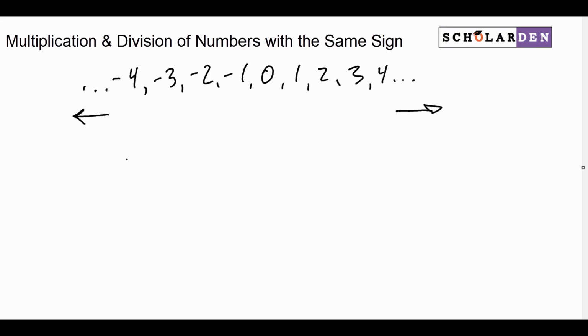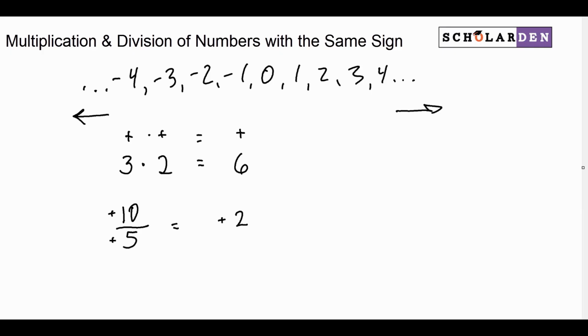So for instance, a positive 3 times a positive 2 is a positive 6. So a positive times a positive is a positive. Also, a positive divided by a positive is a positive. You may remember that. A 10 divided by a 5, positive 10, positive 5, is positive 2.